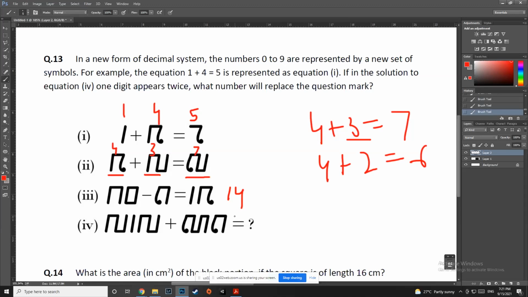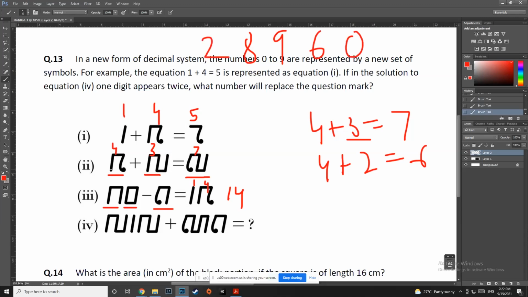If this is 3 and 7 and we know this is 1 and 4, then something minus something should equal 14. Now we don't know this, this, and this. It means, out of how many are left? We are left with 8, 9, 6, 0, and 2.